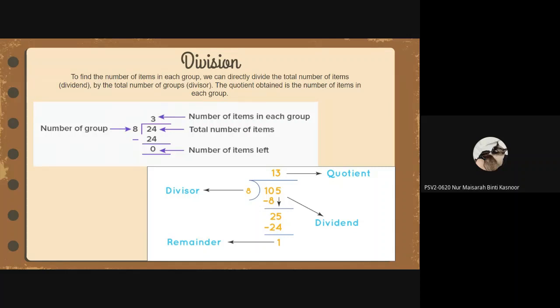The quotient obtained is the number of items in each group. As you can see in the box, the number of items in each group is known as the quotient, the number of groups is known as the divisor, the total number of items is the dividend, and the number of items left is the remainder.